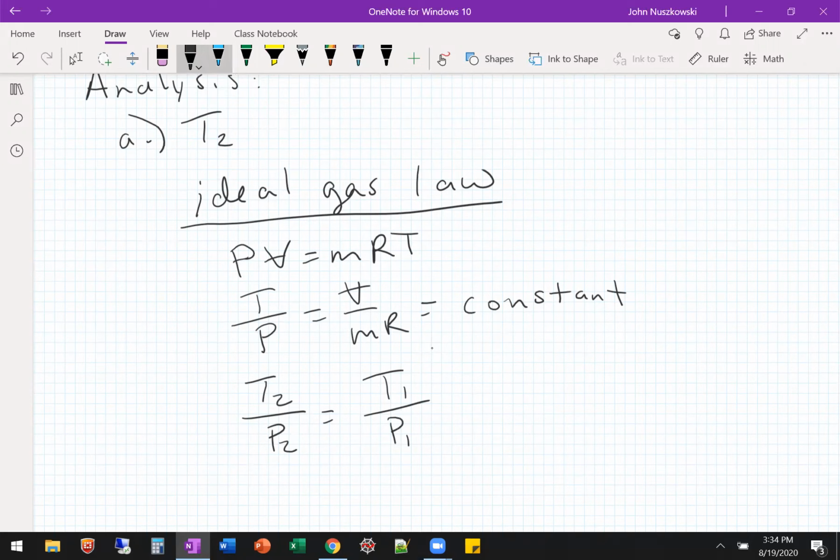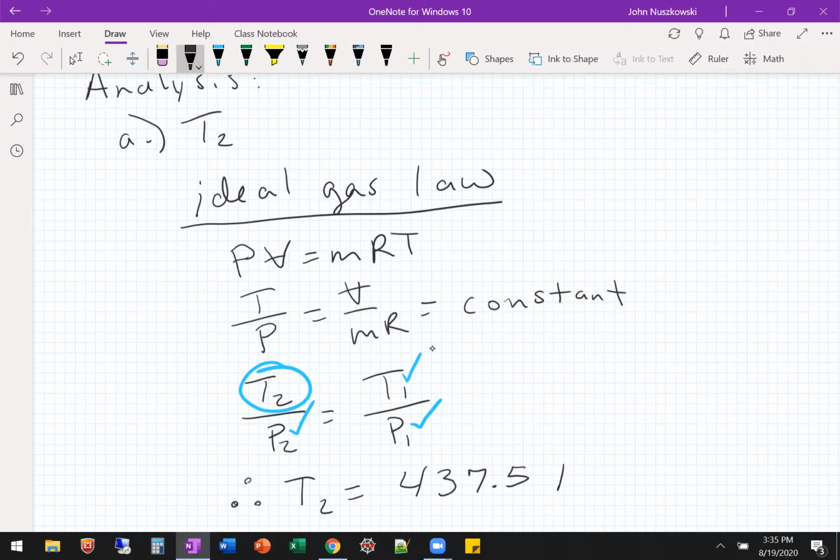They gave us T1, P1, and P2, so we can use this to get T2, 437.5 Kelvin.